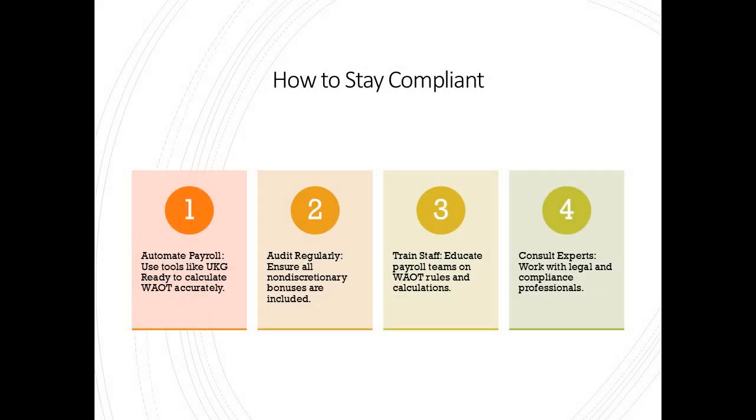The tool that we use and implement here is UKG Ready, and that will calculate the employees' weighted average overtime automatically and accurately. The other method is to audit regularly. Now the system will automatically audit that for you as well, and it will create reporting and audit trails for all the changes and time tracking that's in the system.